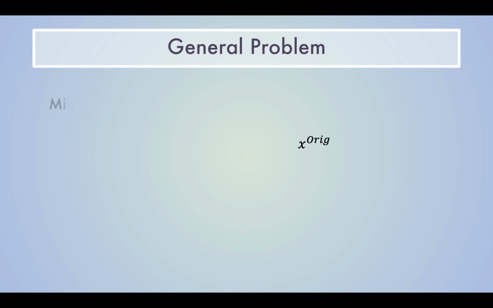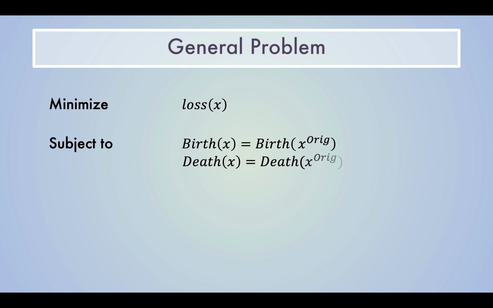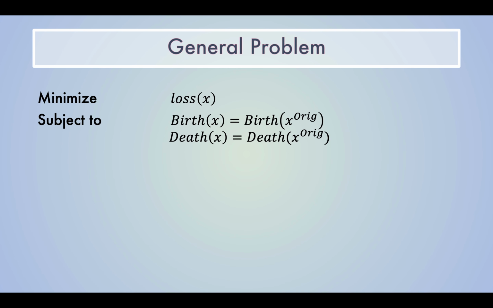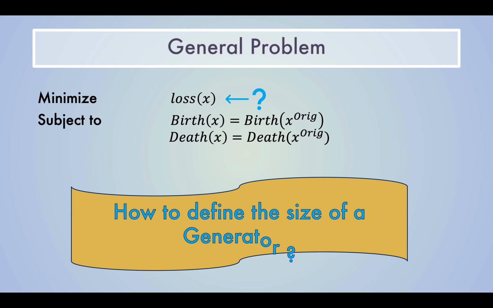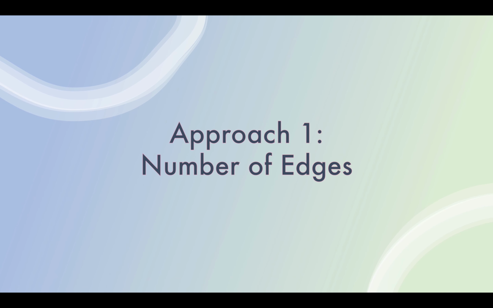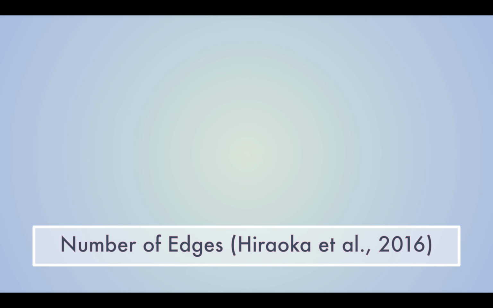We want to minimize the original cycle representative with respect to some loss function, which measures the size of the generator, while under the constraint that the minimal cycle representative should have the same birth and death time as the original cycle. A natural question then is, how do we define the size of a generator? The first approach is to define it as the number of edges in the generator. This formulation was proposed by Hiloka et al. in 2016.